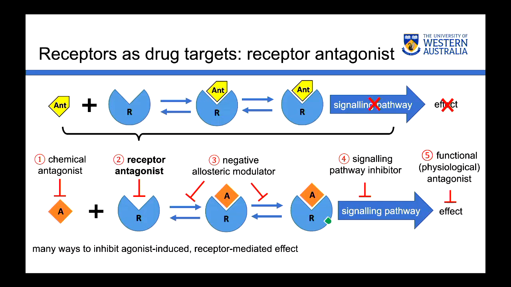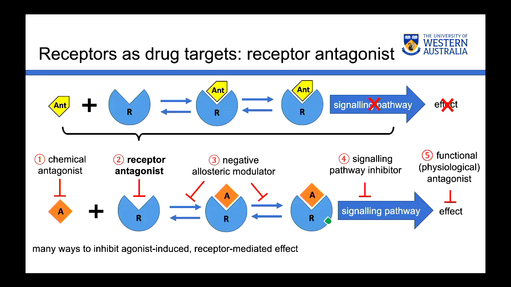You can also use signaling pathway inhibitors. That is particularly important in treating cancer, using small molecule inhibitors to inhibit kinases that are responsible for signaling pathways in tumor cells.